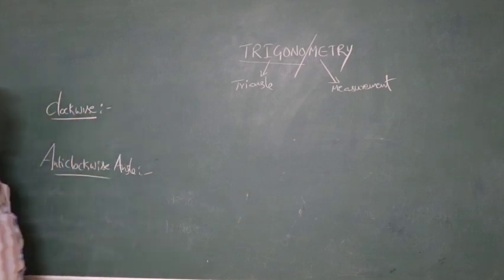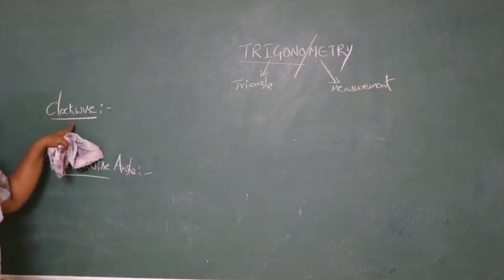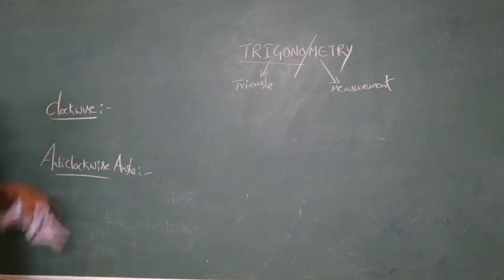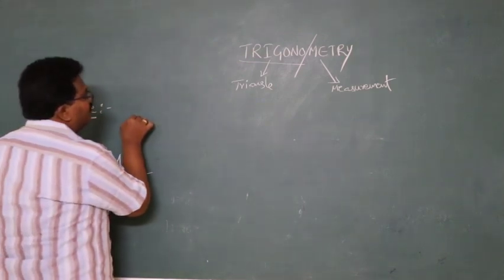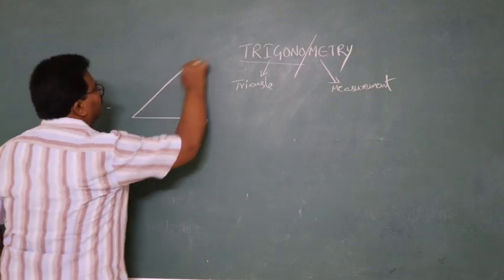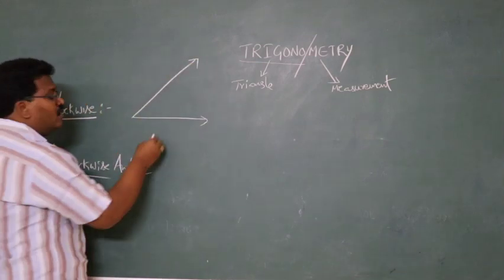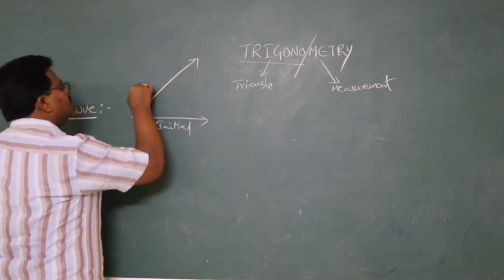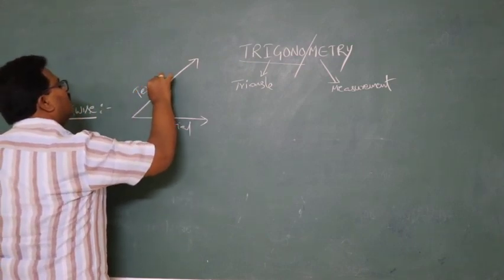These are very, very important. The clockwise angle, the meaning itself gives, we have to refer to the clock. See these two, this is called the initial ray and this is called the terminal ray.